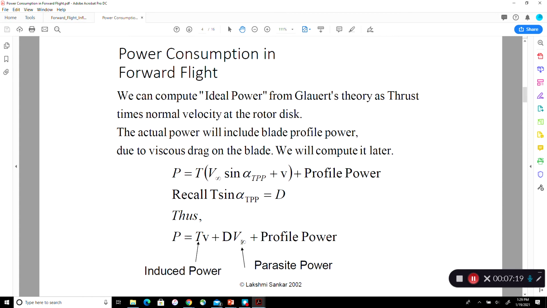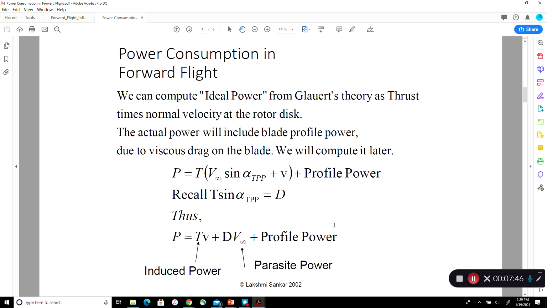The fuselage drag, landing gear drag, hub drag, even the rotor drag, everything is included and put in here. But the induced power then just becomes the thrust times the induced velocity at the rotor disc. So this is the induced power. So the only term that is left over is to quantify the profile power.